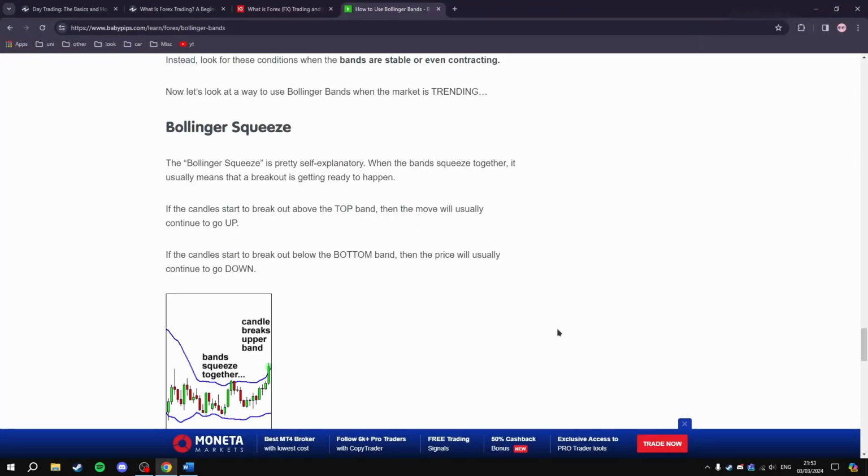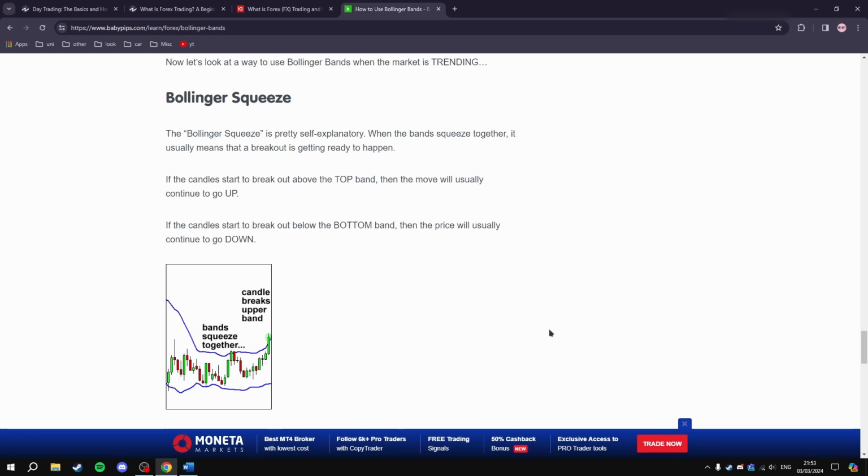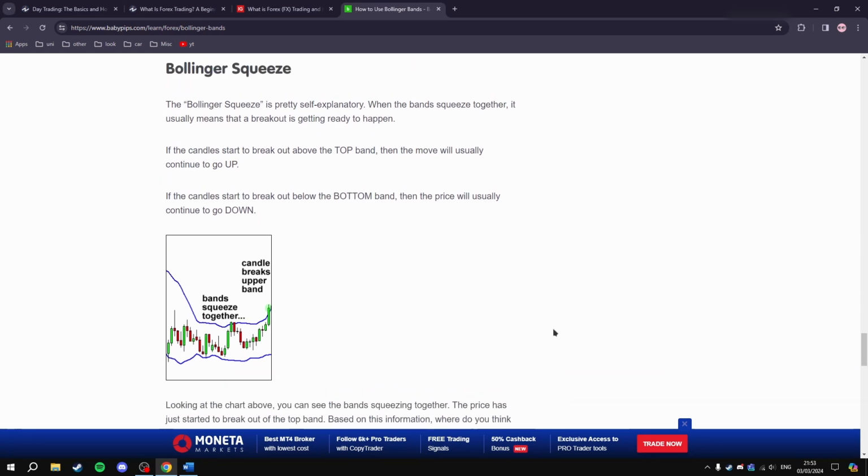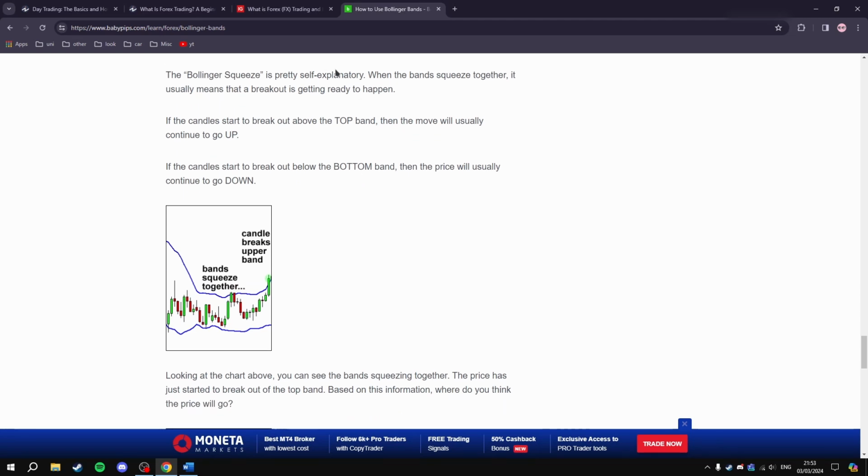Now let's look at the way to use Bollinger Bands when the market is trending. The Bollinger Squeeze is pretty self-explanatory.